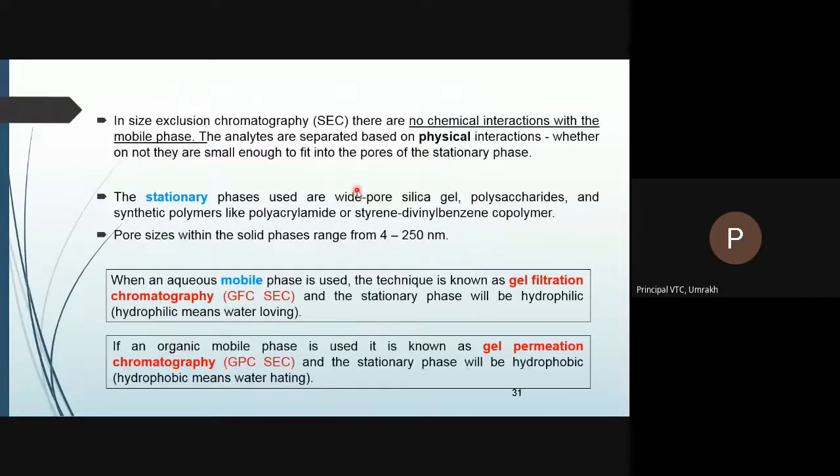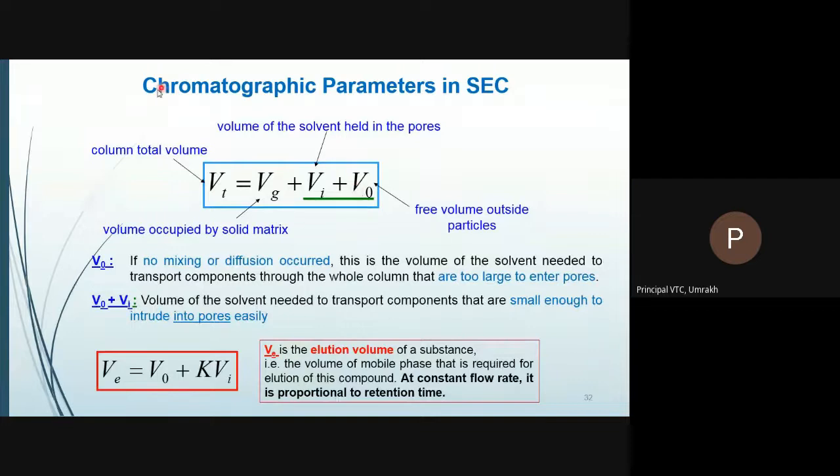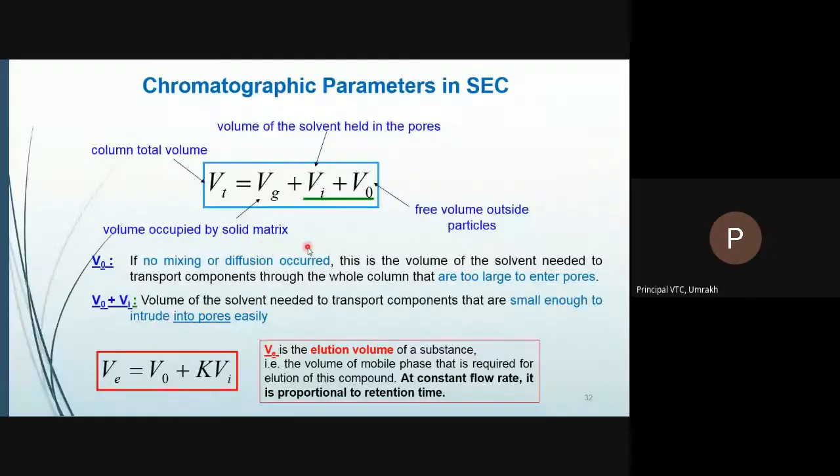So Vt means the total volume of your column, while the second term, Vg, is the volume which is occupied by the solid matrix.